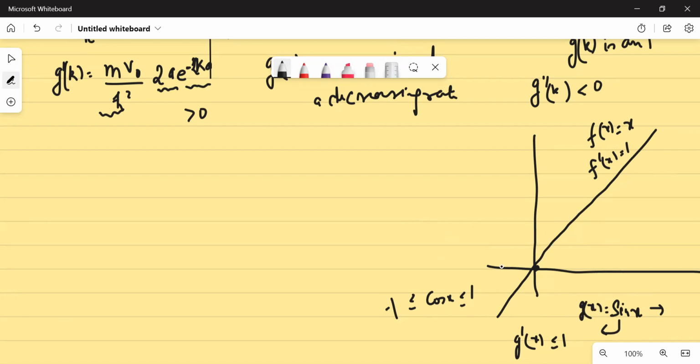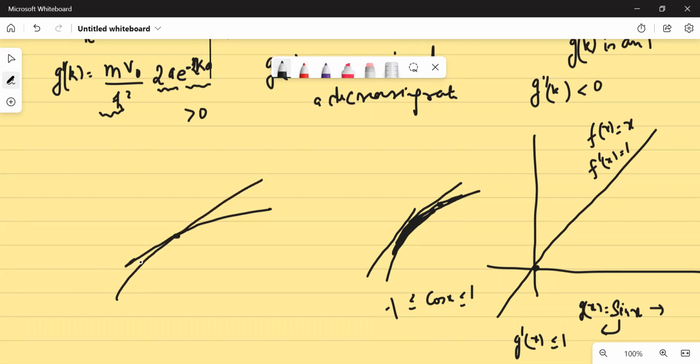So basically, what does the slope mean? Let's say I'm making a curve. What does the derivative signify? The derivative signifies the slope of the tangent drawn at a point. If I have to find the tangent at this point, its slope is equal to the derivative of the function at that particular point. Just draw a tangent, and whatever the slope of that tangent is, that is the derivative of the function at this point.